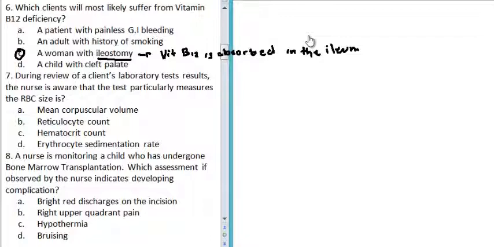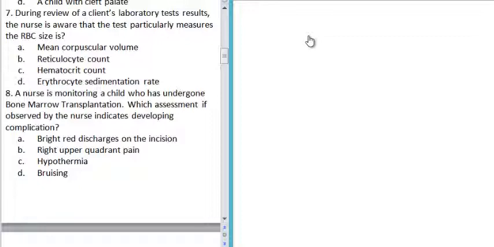Next, number 7. During interview of a client's laboratory test result, the nurse is aware that the test particularly measures RBC size. Keyword, RBC size. Answer letter A, your MCV.